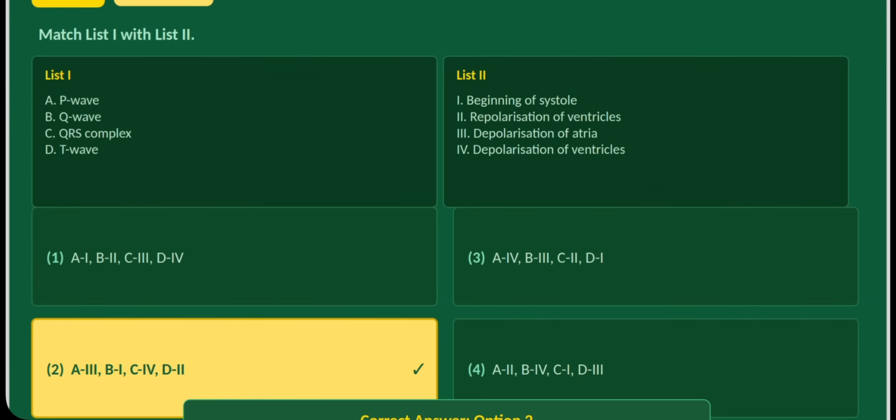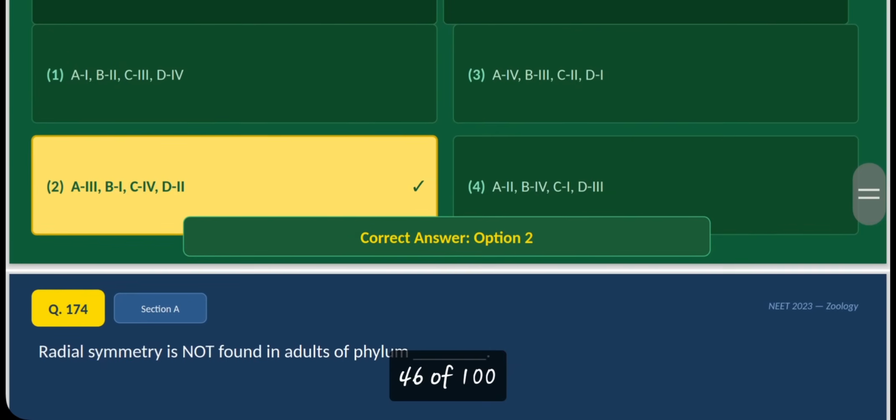So P wave is depolarization of atria. Q wave is beginning of systole. QRS complex is depolarization of ventricles. T wave is repolarization of ventricles. So second option is correct.